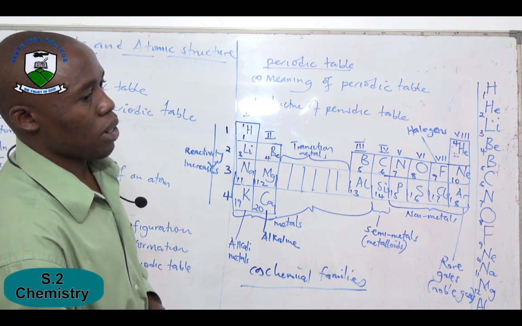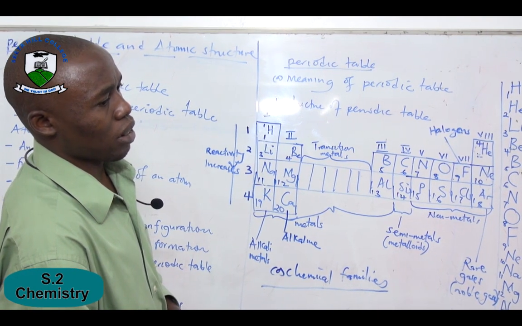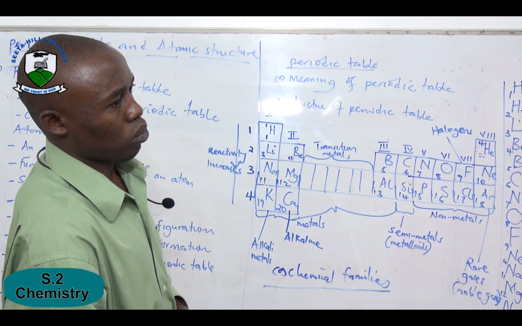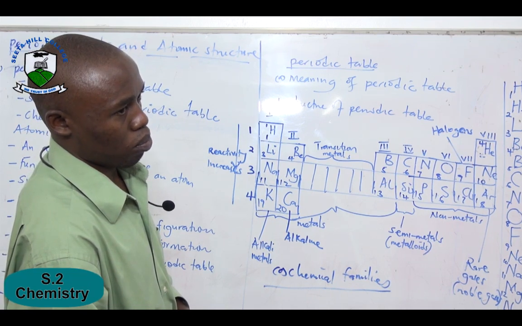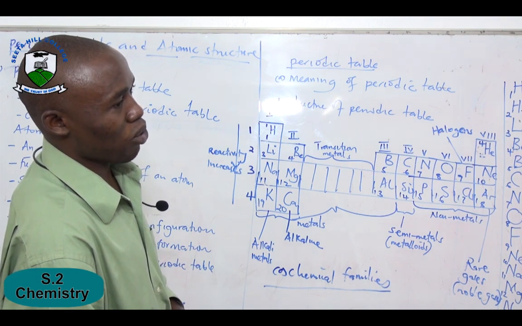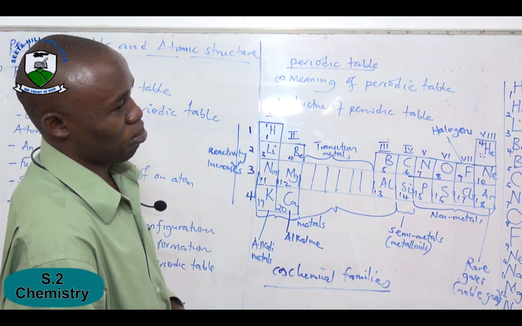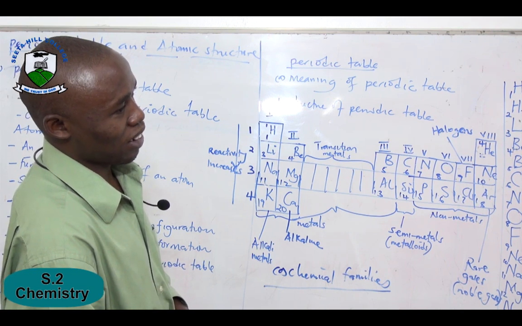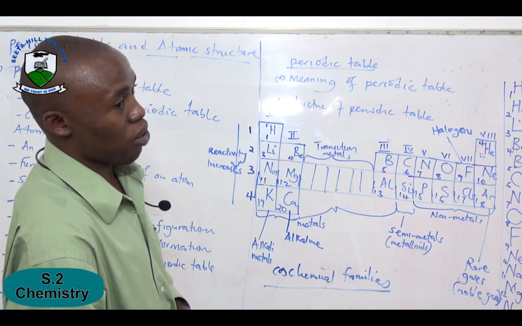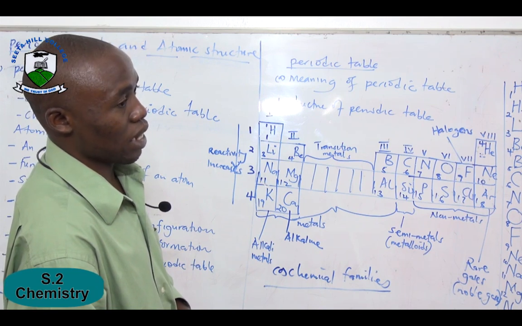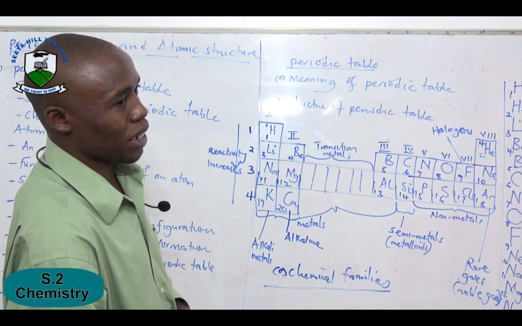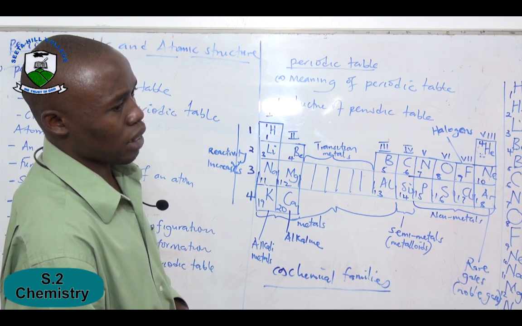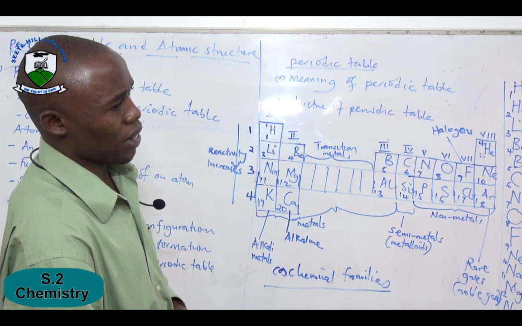Now, among non-metals, there is a group that is very awkward. It does not react at all. Have you ever read any compound called neon chloride? No. It can't exist, because they occur in their free state, on their own, as themselves. You'll never find them in a combined state because they are called noble, unreactive or rare gases.